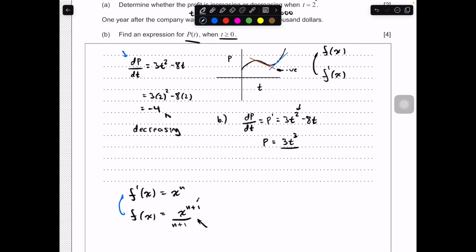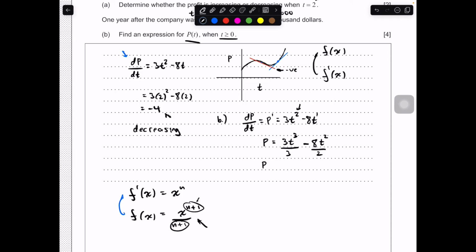Our new exponent is 3, this n plus 1 is now 3, so let's divide by that value as well. Minus 8t, if there's no exponent to t, it's just t to the power of 1. So t to the power of 1, let's add 1, it's squared, and then let's divide by 2.